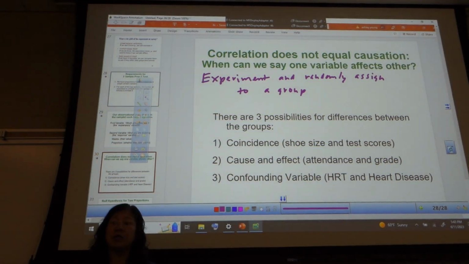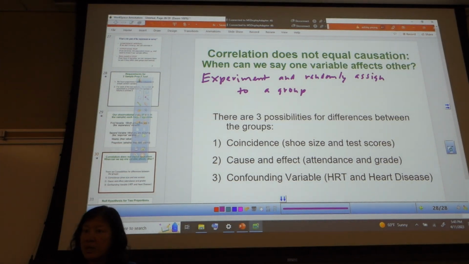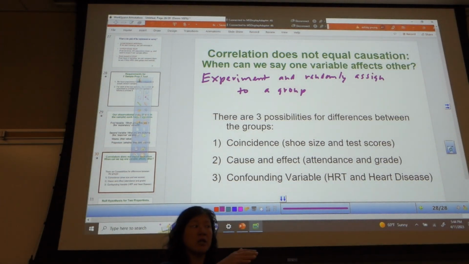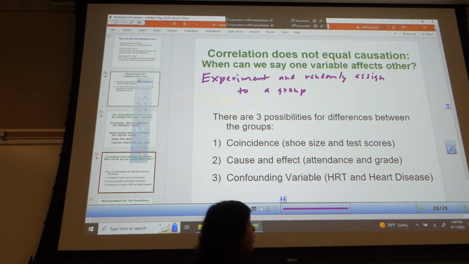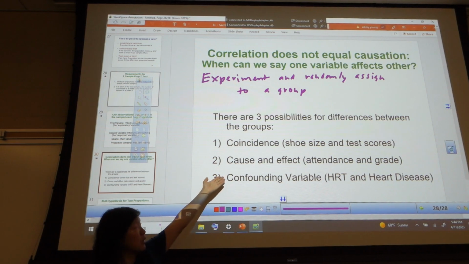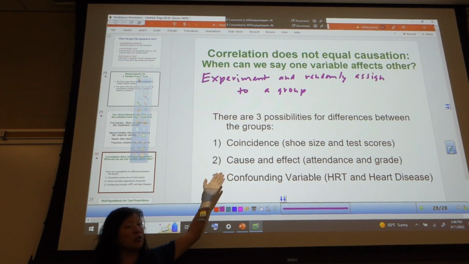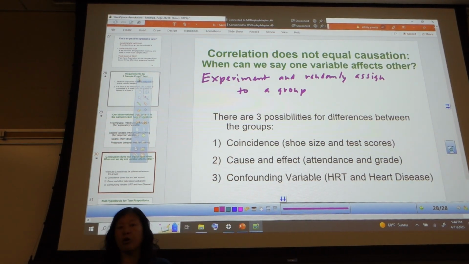Like, say we do a bunch of tests, and we look at people's shoe size, and it happens to be that the higher shoe size corresponds to a higher test score. That does not mean that having a big shoe size means you're going to do better on the test. That was just a coincidence, right? And that happens in life sometimes. Two, there could be a genuine cause and effect, like attendance and grades. Typically, people who attend more do get better grades.